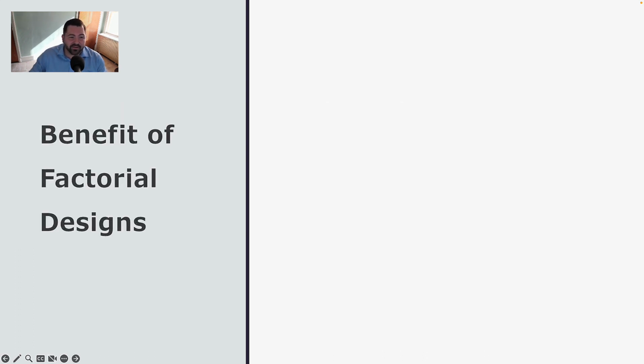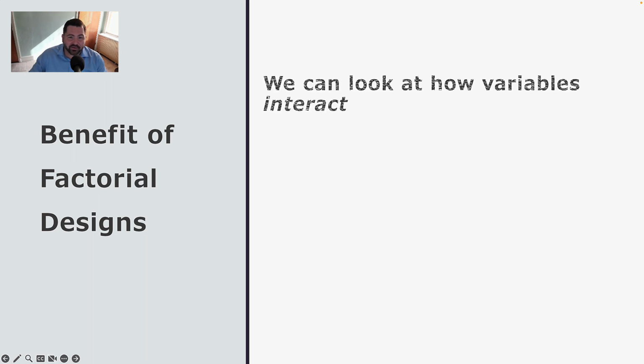What is the real benefit of using these factorial designs is really the interaction piece, right? When we do a one-way independent groups or repeated measures ANOVA, it only tells us information about the data for one variable in that sample from a larger population.